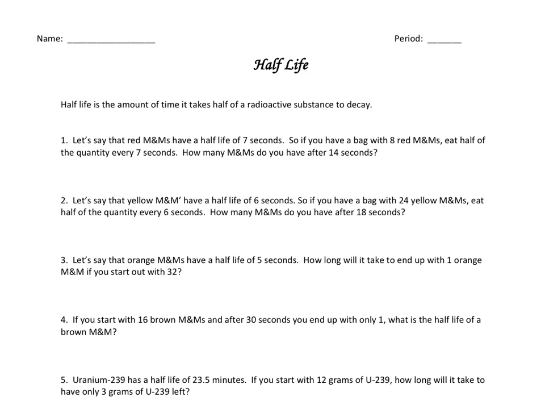So to do this problem, we'd say, okay, well, we start with 8 M&Ms, and after 7 seconds, that's the half-life, half of it turns into something else. So we'd be left with only 4 M&Ms. Half of 8 is 4. But the question is asking after 14 seconds.